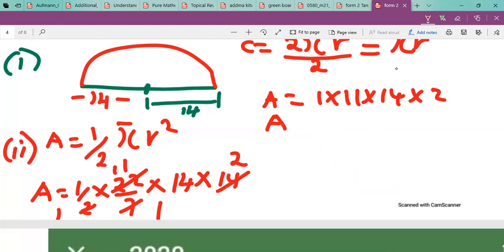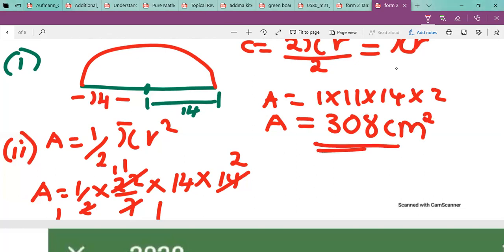Then 14 by 2 is 28. Then you say 28 times 11. You're going to get your area, which is 308 square centimeters. Those are the units, square centimeters. I hope it is okay.